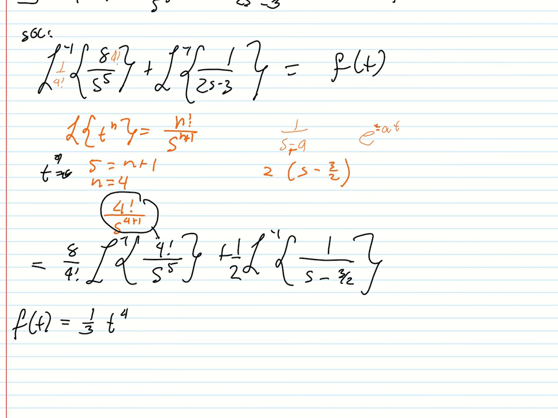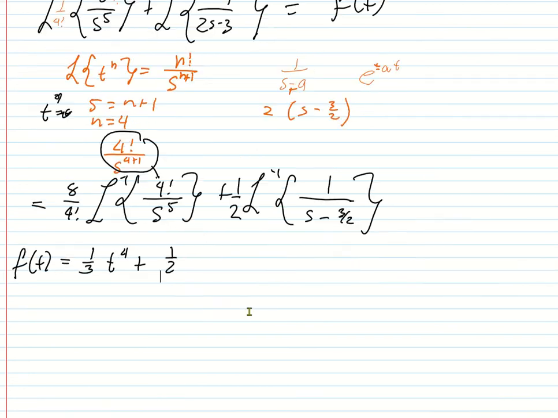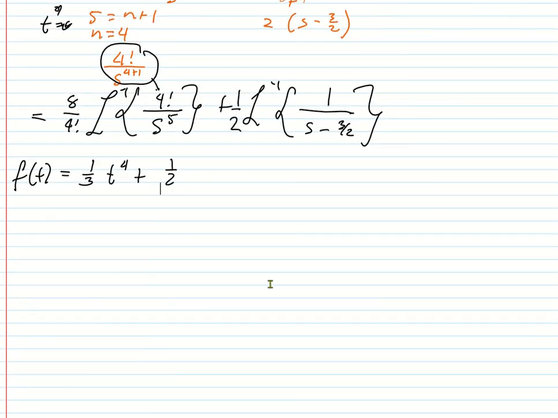So t raised to 4. Then the second term, 1/2 times e. Our a here will be equal to 3 over 2. So the answer here will be positive 3 over 2 times t. So this is now our f of t.